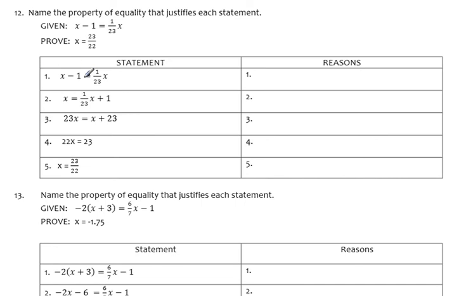Okay, number 12. The equation that we've been given is x minus 1 equals 1 over 23 times x. This is our given equation. Looking at step 1 to step 2, x stayed the same, negative 1 disappeared. 1/23 x stayed the same, positive 1 disappeared. So how do you get two numbers to disappear?